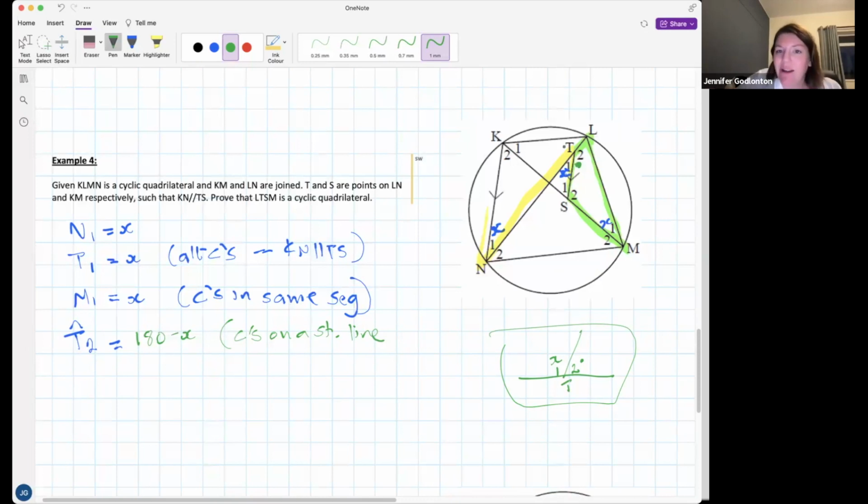Okay, so now I know that T2 is equal to 180 minus X, and I know that M is equal to X. Do I know enough now to say that it's a cyclic quad? And if I do, why? What do we know about cyclic quads?